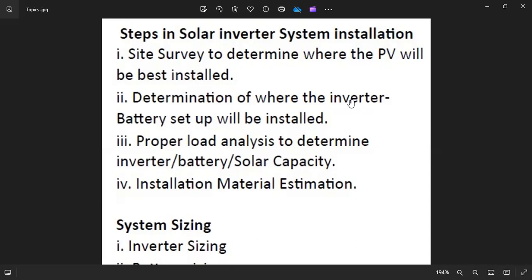Typical example, if you're in Yola, the coordinates of Yola are 9.2035 degrees north and 12.4958 east.